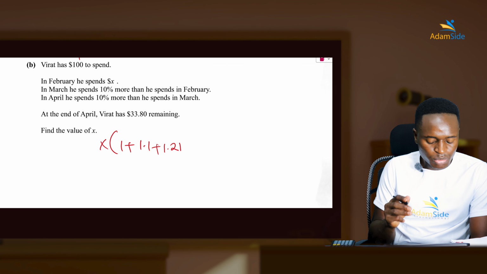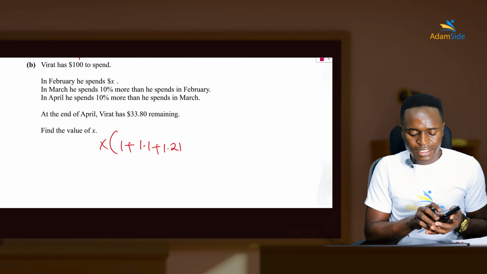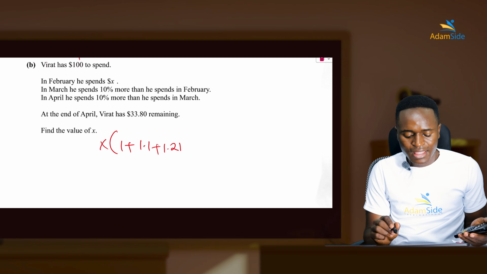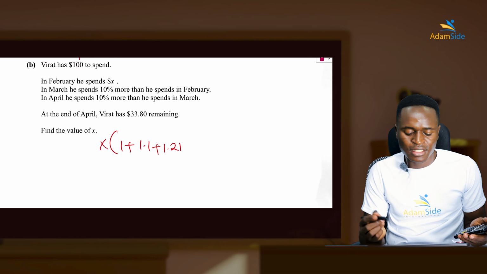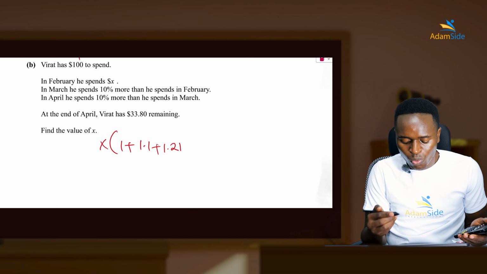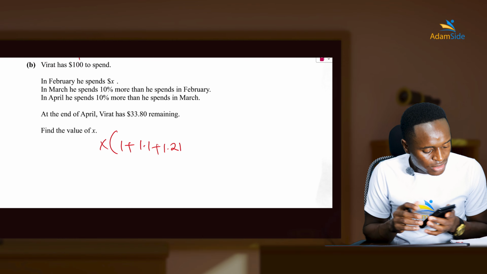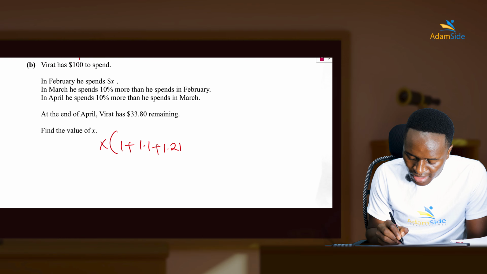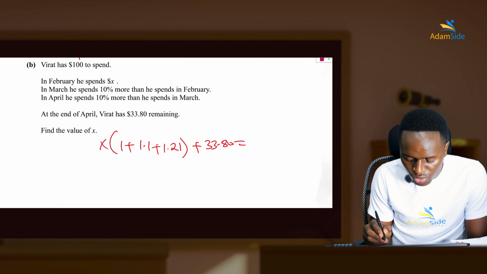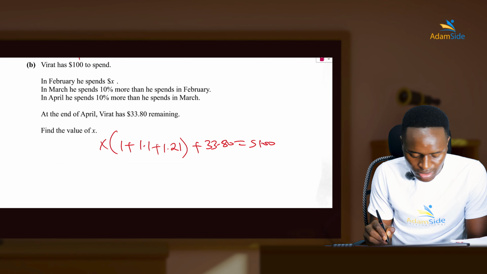In March he spends 10% more than in February, and in April 10% more than in March. So it means a 10% increase of 1.1, and you get 1.21. Then this plus the remaining $3.8 should be equivalent to the $100.